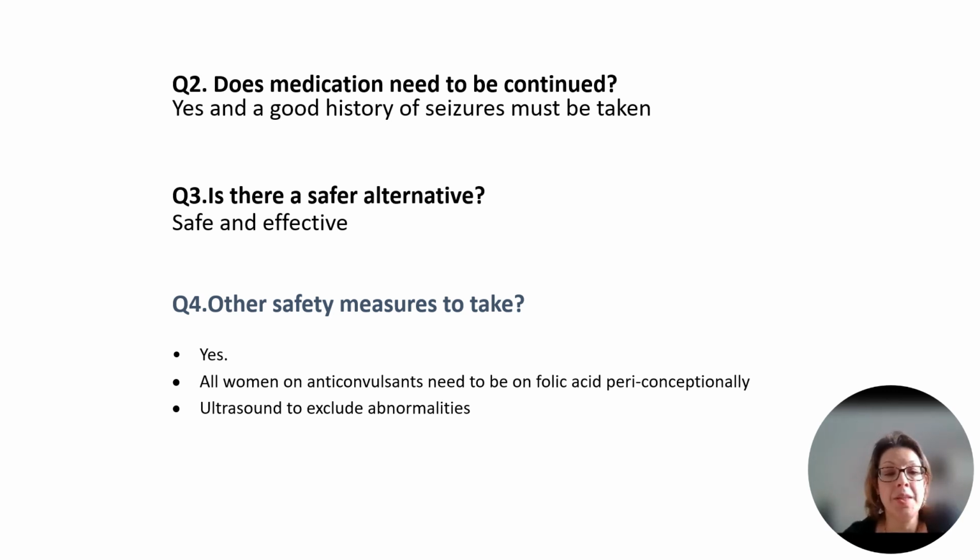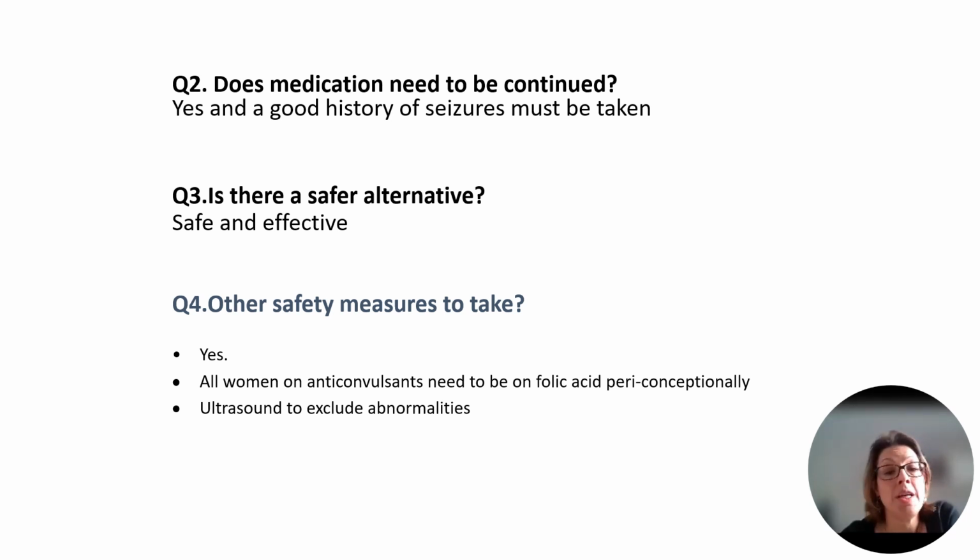So those are the things that I have already mentioned. I suppose the only other thing to mention is that these women obviously get more frequent scans to check for any anomaly, although in the lamotrigine and levetiracetam case we know that's not the case.